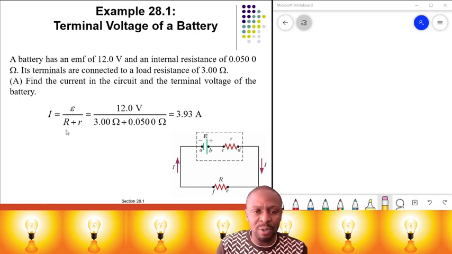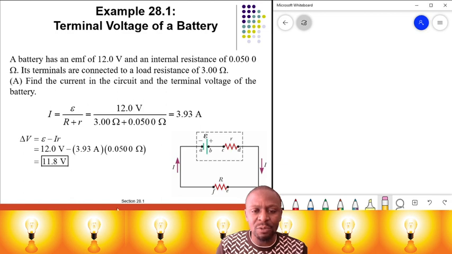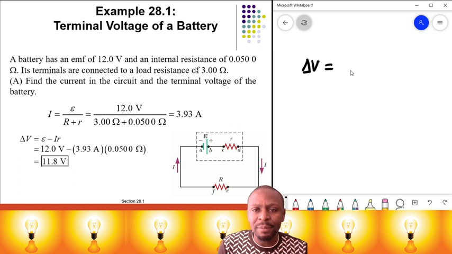Now you know all this. You just plug in the values and then the current will be 3.93 amps. Now what is the change in V? We know that the change in V is given by this equation here, epsilon minus I times r. Now the change in V is just 11.8 volts. But the change in V can also be obtained by I times the load resistance.